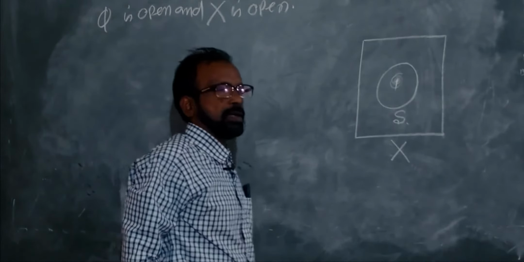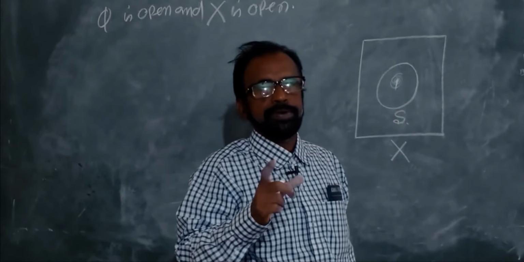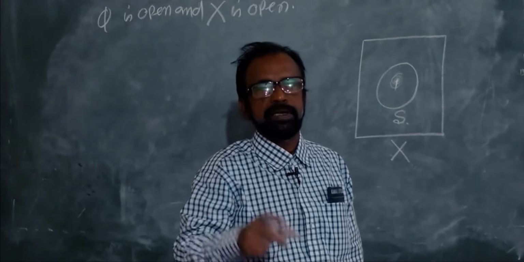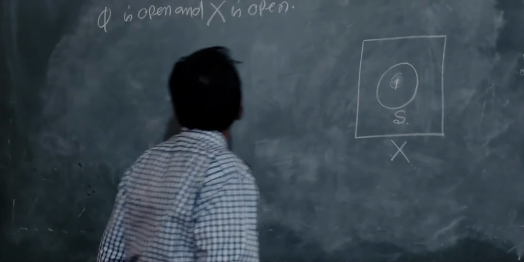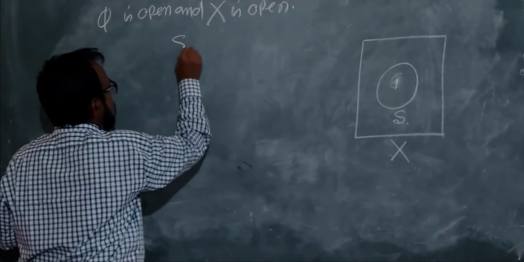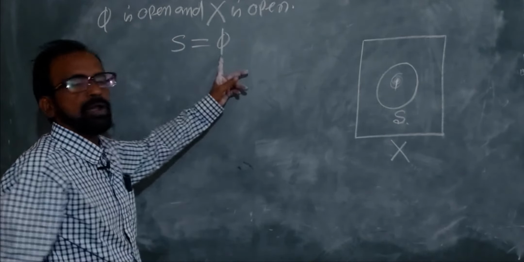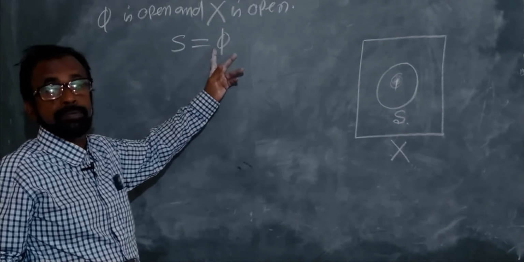When we prove that S is open, open means each point is an interior point. You take a point, and then declare that each point of that set is an interior point. By definition, the set is open. Since S is equal to phi, and phi has no elements, how can we take a neighborhood?